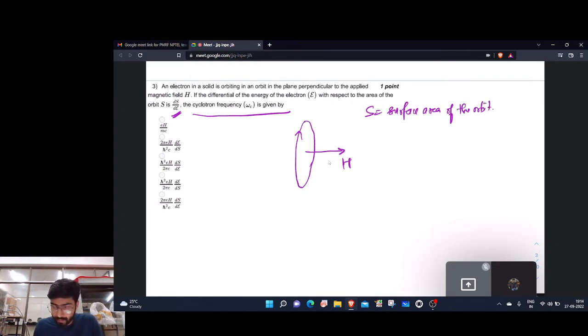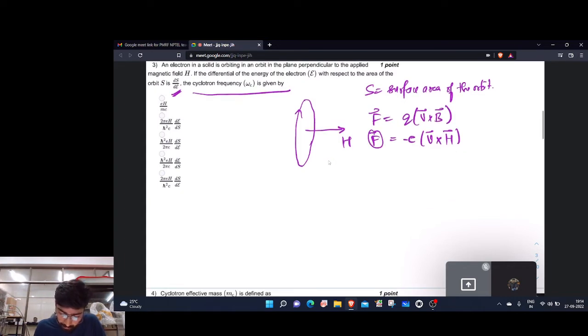Now to understand this, let us consider the force experienced by this electron. The force experienced will be given by q V cross B. The charge on the electron is negative, and instead of B we are using H. Force is nothing but the change in momentum with respect to time, and it can be written as dp by dt equal to minus e times V cross H. Now momentum in the quantum mechanical sense can be written as h bar k.